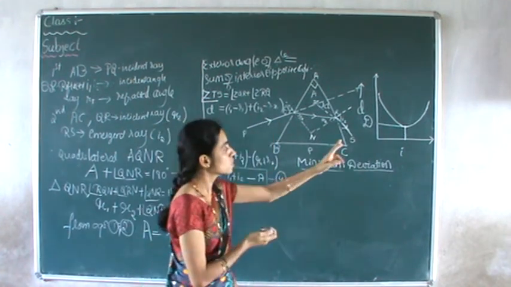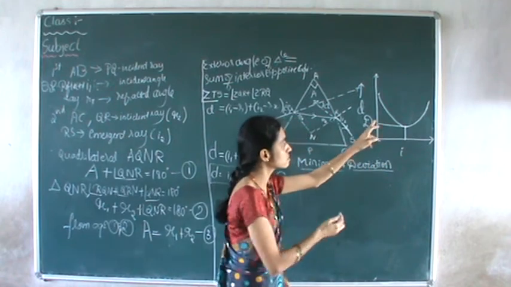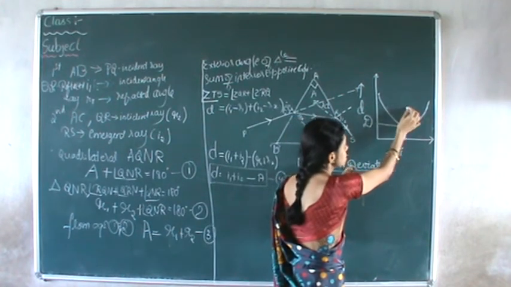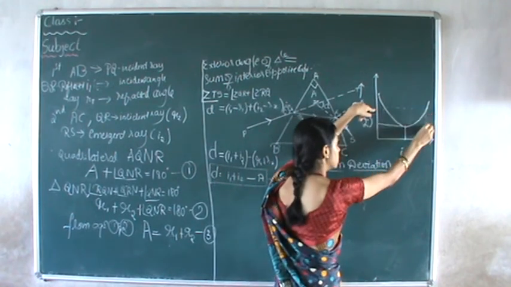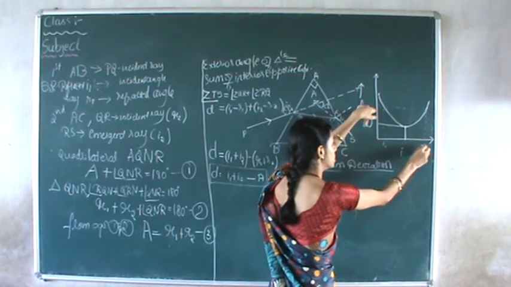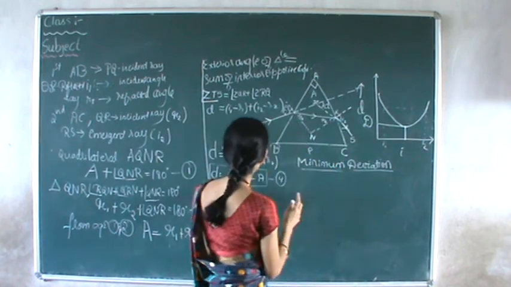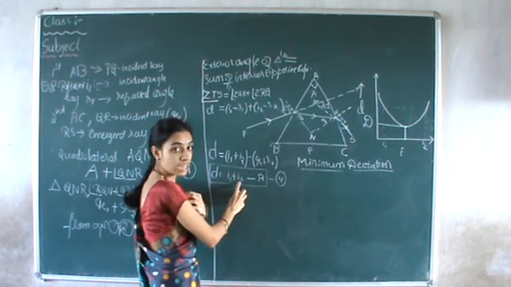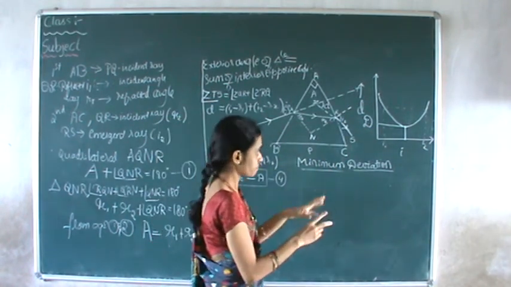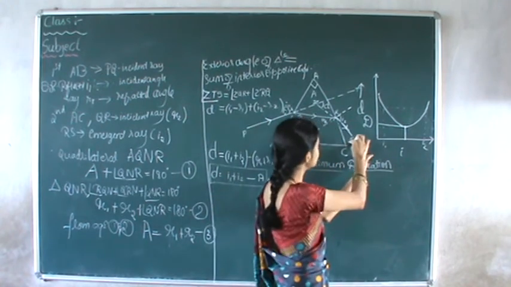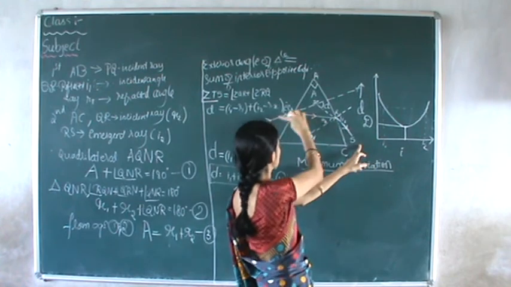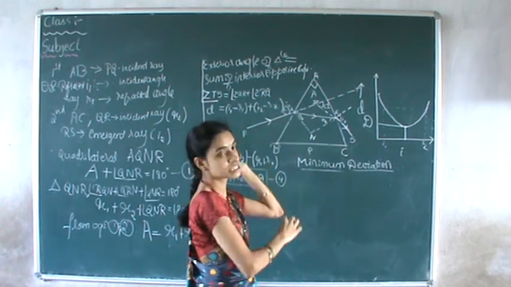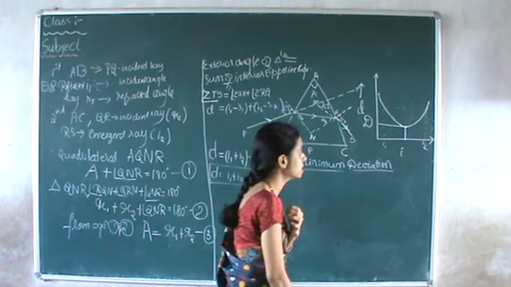If I draw a straight line here, for a single deviation value, the angle of incidence will be two values, I1 and I2. That means I can retrace the path. For the same value I will retrace the same path in the opposite direction.